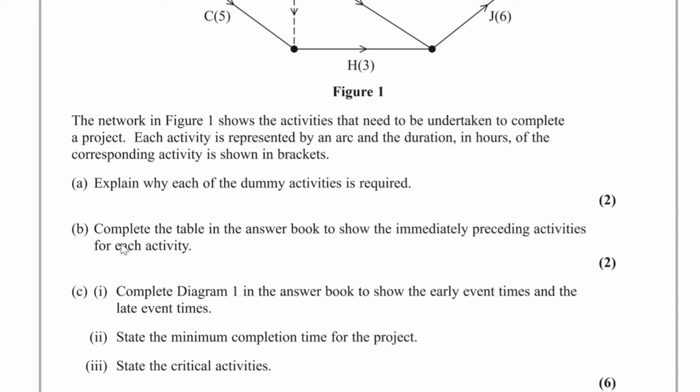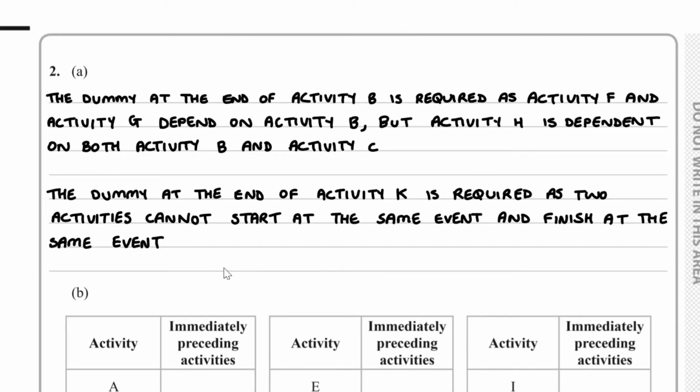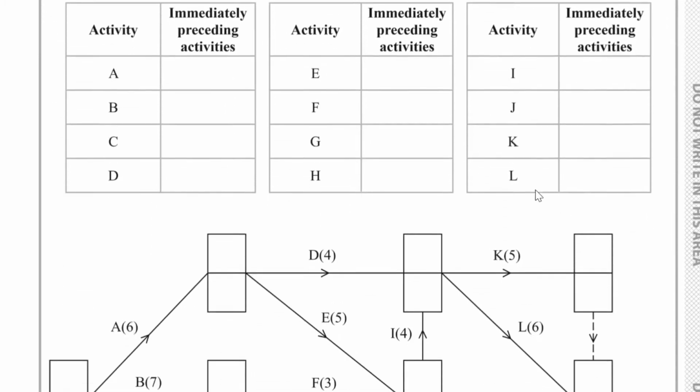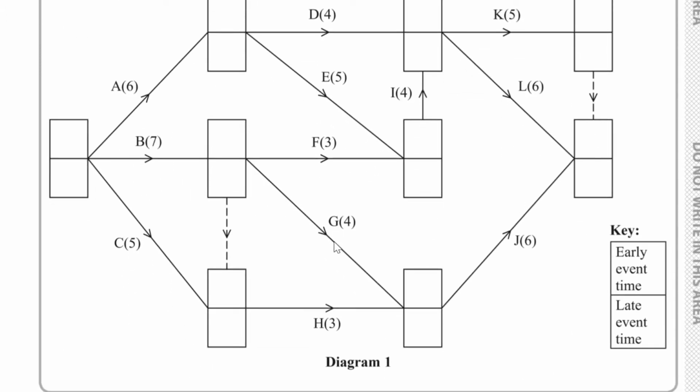For part B of the question, we have to complete the table in the answer book to show the immediately preceding activities for each activity. So in our answer book, we have this table over here. And let's just use this diagram over here. Of course, the only difference is the nodes are replaced with the early event time and the late event time boxes.